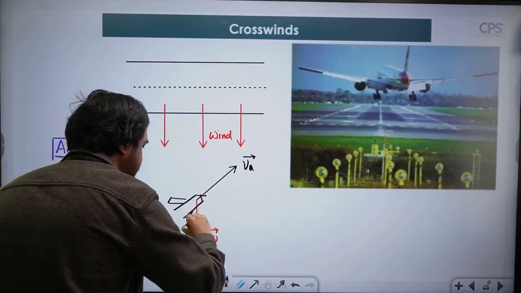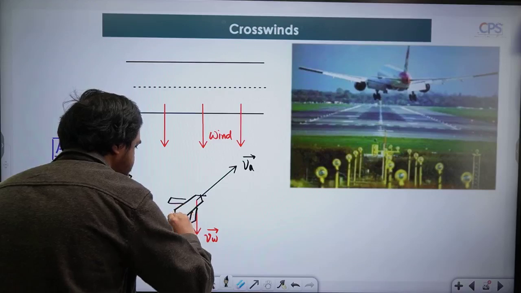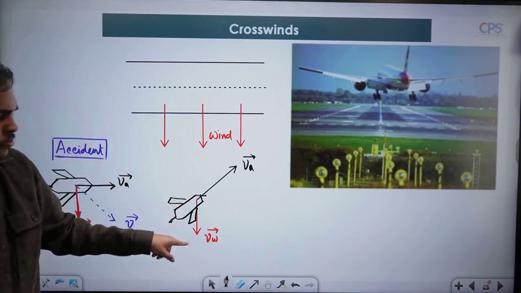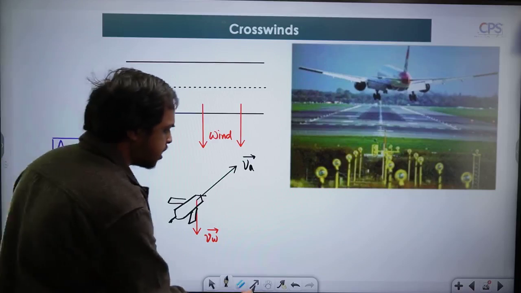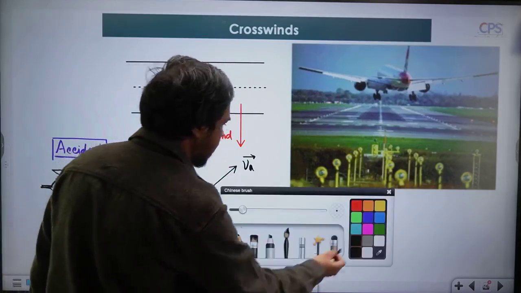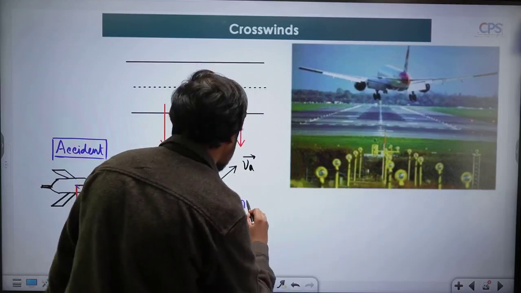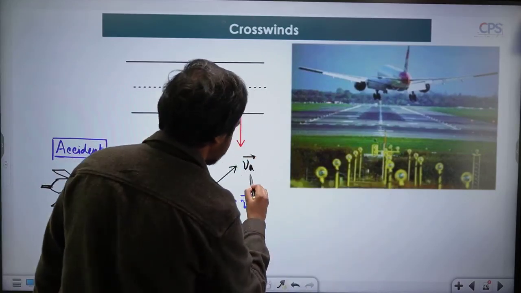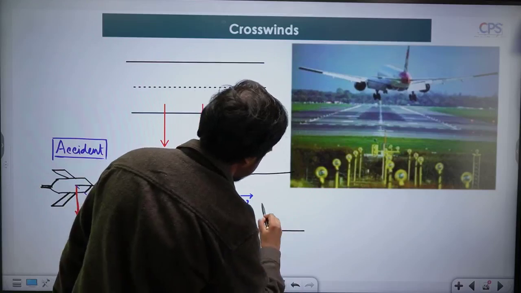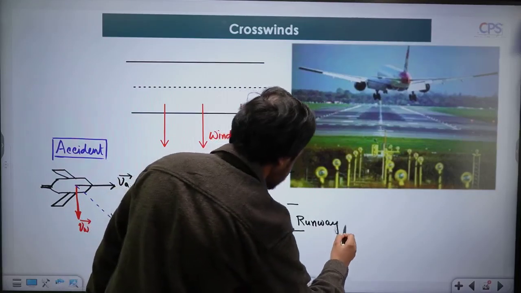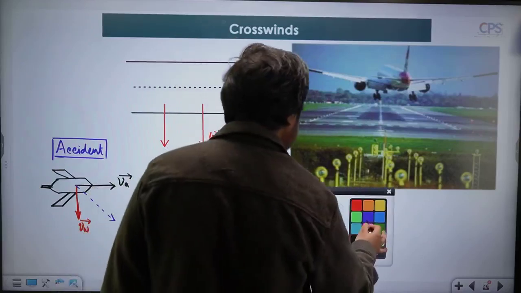If the aircraft heads this way with the wind, the total resultant can be in this way. And what is this way? This way is the runway. So this is an example of a successful landing.